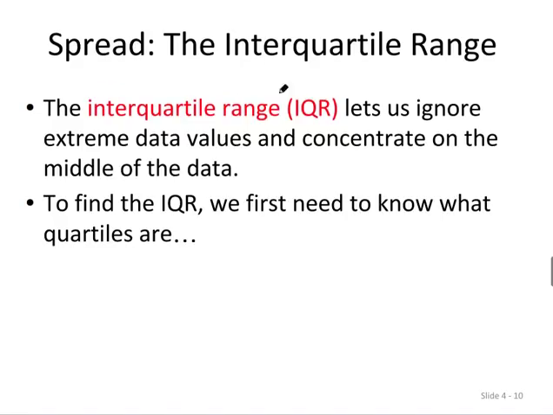The next is the interquartile range, which we call the IQR. We ignore the extreme values and only look at what's in the middle. First we're going to talk about quartiles, because it's right in there, the interquartile range. If you think of quartiles, what do you imagine?